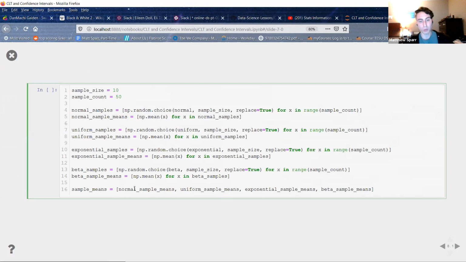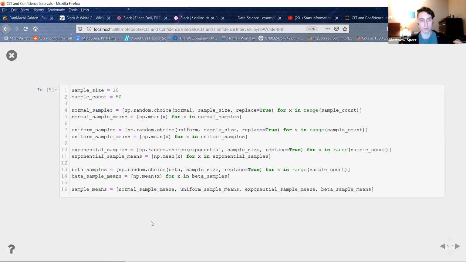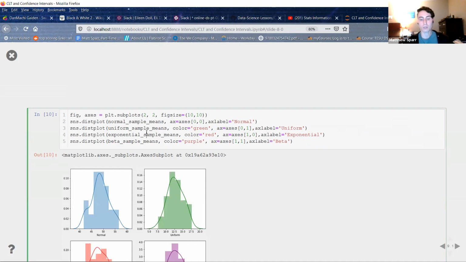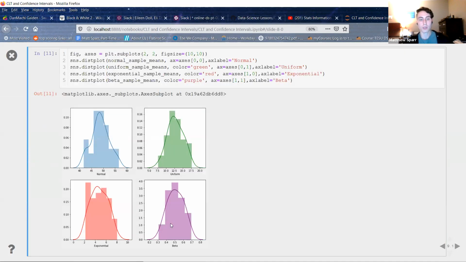And then we just add them all together in a list here at the bottom. With that, now we can plot those sample means for each of those distributions. And you can see that despite 3 of the original population distributions being non-normal, the distribution of the sample means tend to become normal because of the number of samples we took.